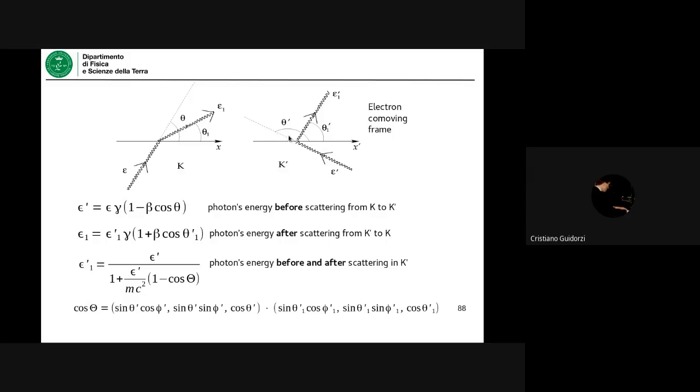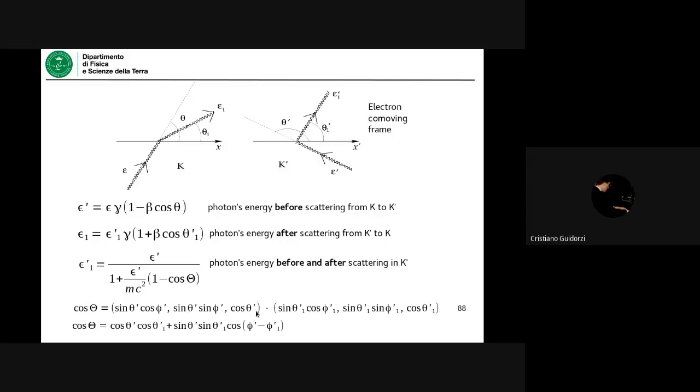The other two components, so the azimuthal components, in this case the x and y, in terms of the spherical angles: if I call phi prime the azimuthal angle of this unity vector, so the angle on a plane perpendicular to the x prime, and phi 1 prime the corresponding azimuthal angle of this unity vector, you see that the x and y components are sine polar times cos azimuthal angle, and sine polar times sine azimuthal angle, and the same for both.